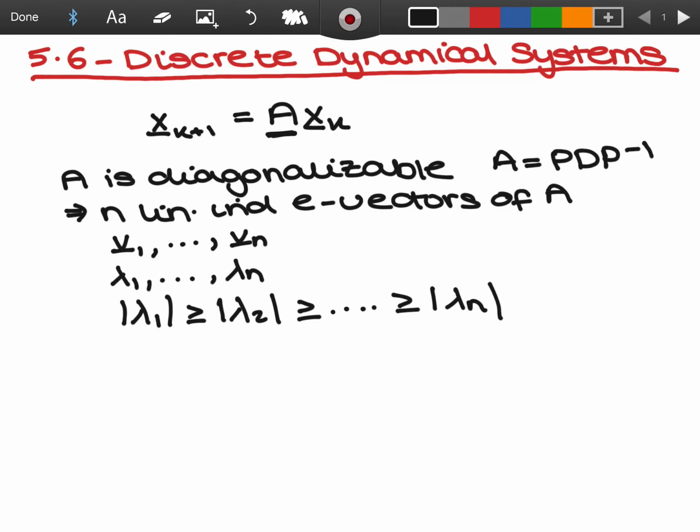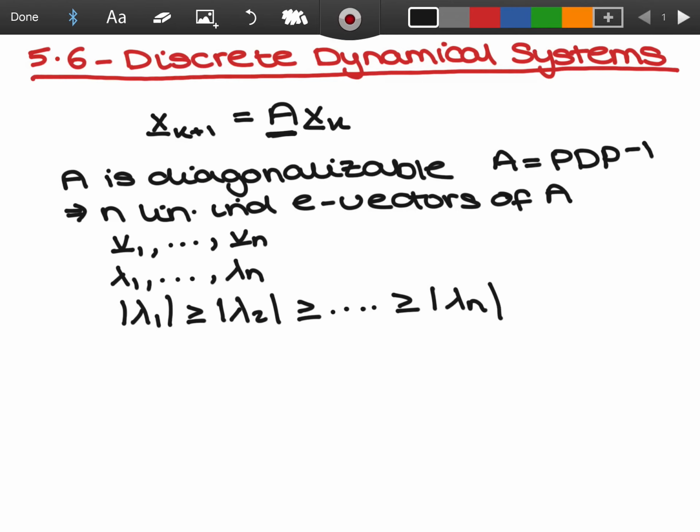So the nth eigenvalue is the smallest in magnitude, whether it be positive or negative. So we're going to arrange the eigenvalues in that order, and say these have the eigenvectors v1 through vn, and that's how we're going to arrange them.